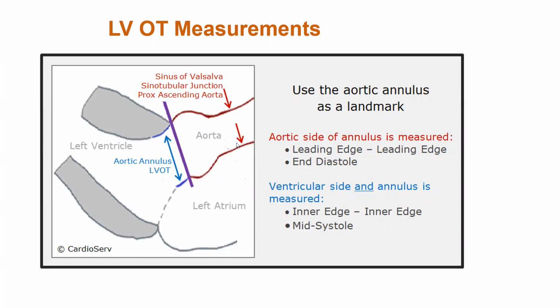on the aortic side of the aortic valve, we are using leading edge to leading edge measurements. I talked a little bit about the phenomenon of the leading edge in my M-mode and spectral Doppler talk, whereas on the annular side, we're making inner edge measurements.